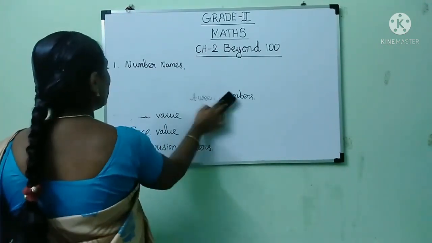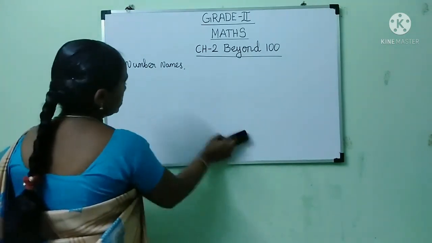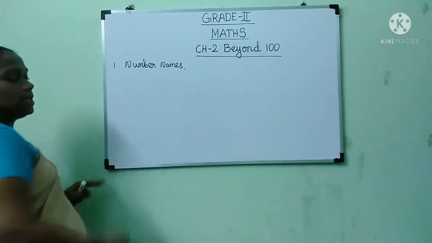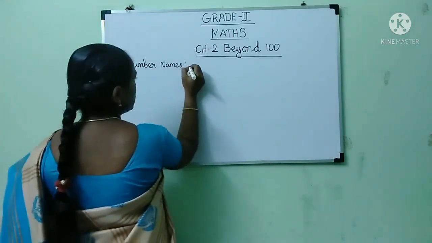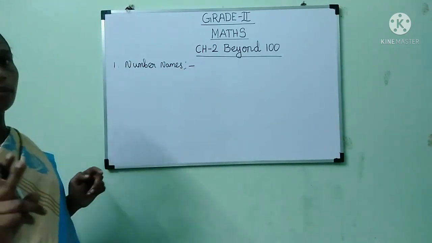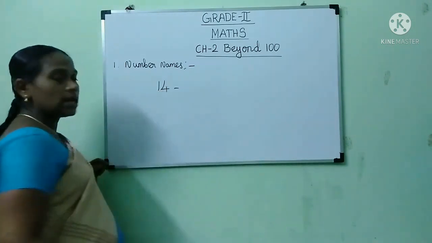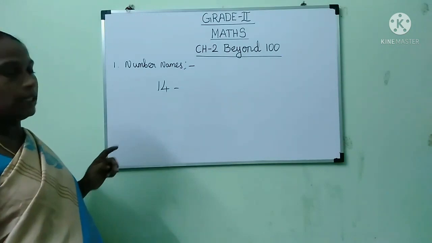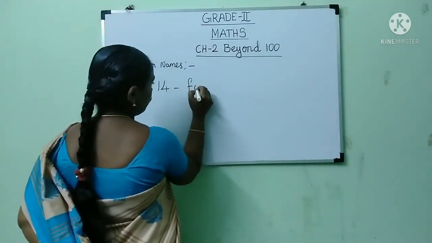The first topic, what is this? Number names. Already we have learnt in the first chapter 2-digit number names. See, what is this number? 14. What is the spelling of 14?